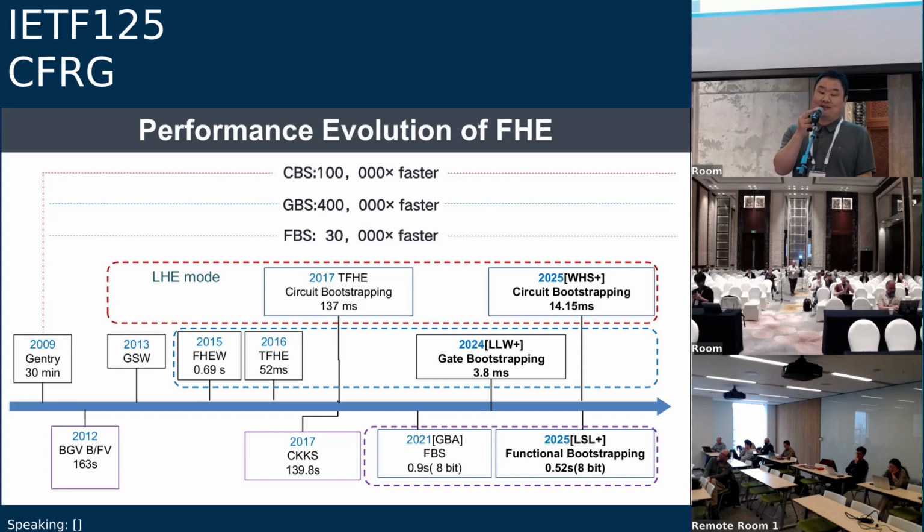Now it is much better. For example, gate bootstrapping is 400,000 times faster than the 2009 record, and circuit bootstrapping is 100,000 times faster. So nowadays we have much better computational performance for FHE.